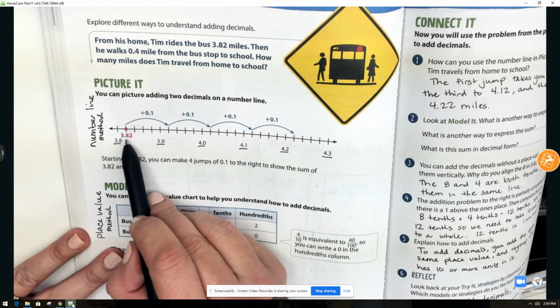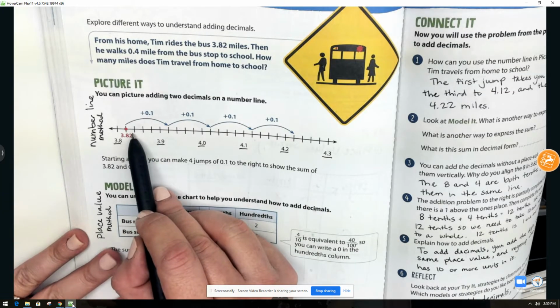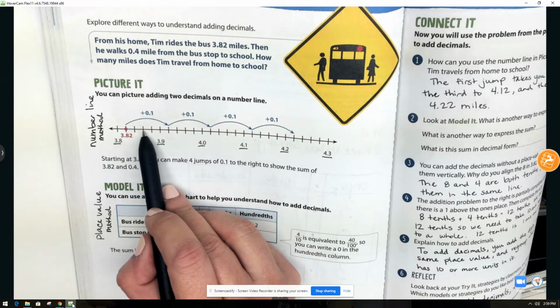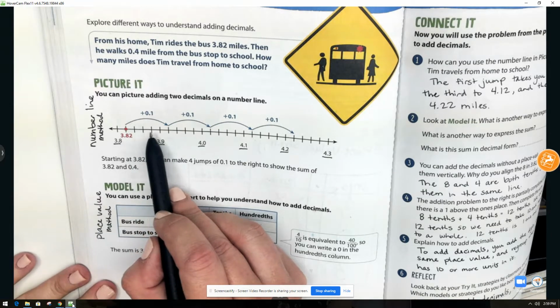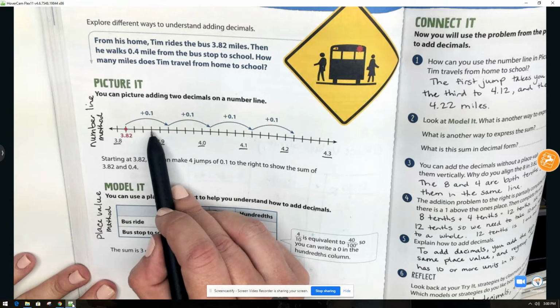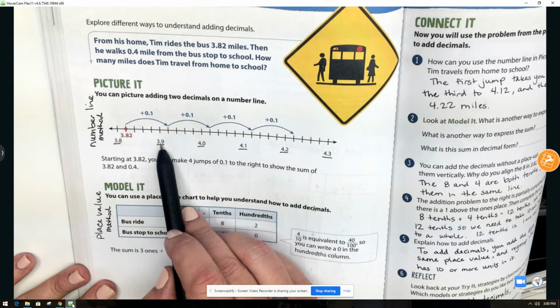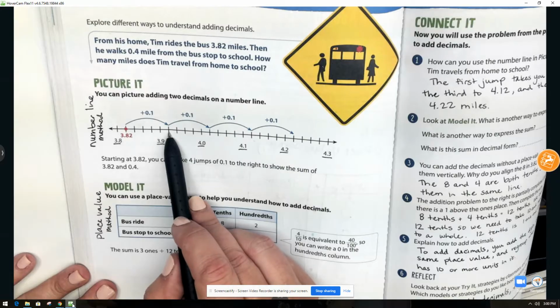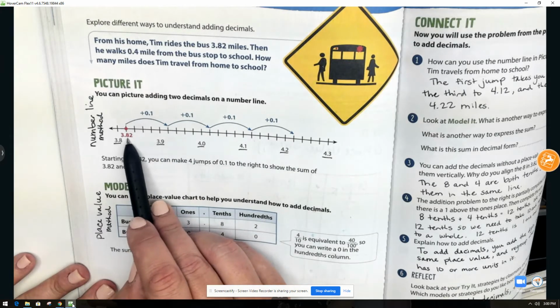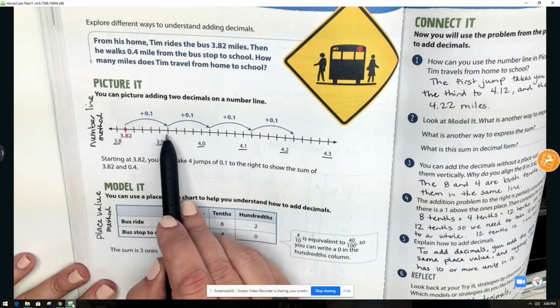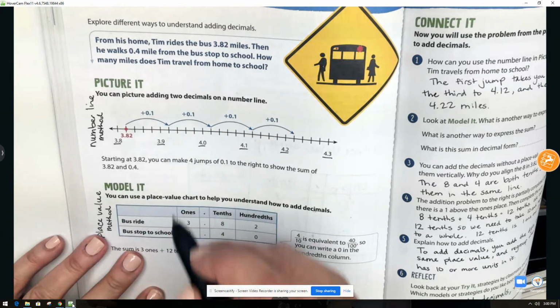So this is 3 and 82 hundredths, 3 and 84 hundredths, 3 and 86 hundredths, 3 and 88 hundredths, 3 and 90 hundredths, 3 and 92 hundredths. So as you can see, we're going up by 2 hundredths every time we go up.